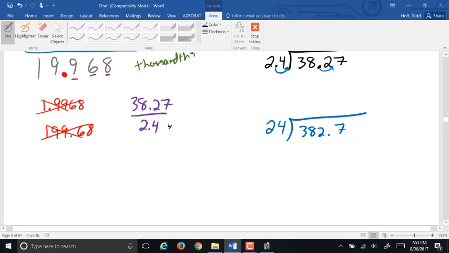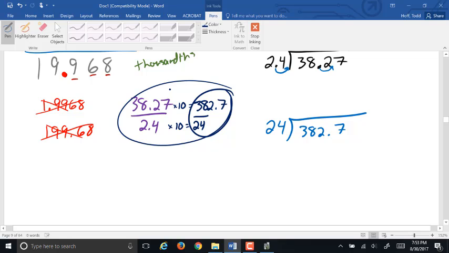If I want to get rid of that decimal point, I have to multiply by 10 there. Well, if I multiply the denominator by 10, I have to multiply the numerator by 10. So that's 382.7. So when I move over those decimal points, all I'm really doing is using that unity fraction to rename my fraction, multiplying by 10 on top and bottom.